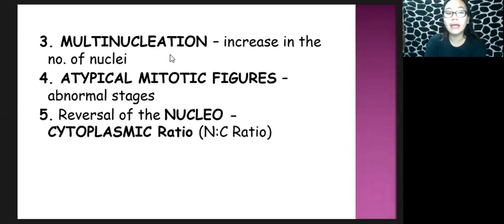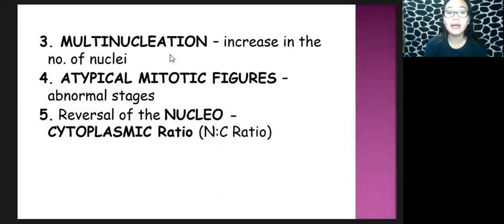Then another one, you would be able to observe atypical mitotic figures. That means when you see it under the microscope, you would be able to note that your cells are abnormally proliferating, because of the presence of atypical mitotic figures. This involves the presence of abnormal mitotic stages in your cells.